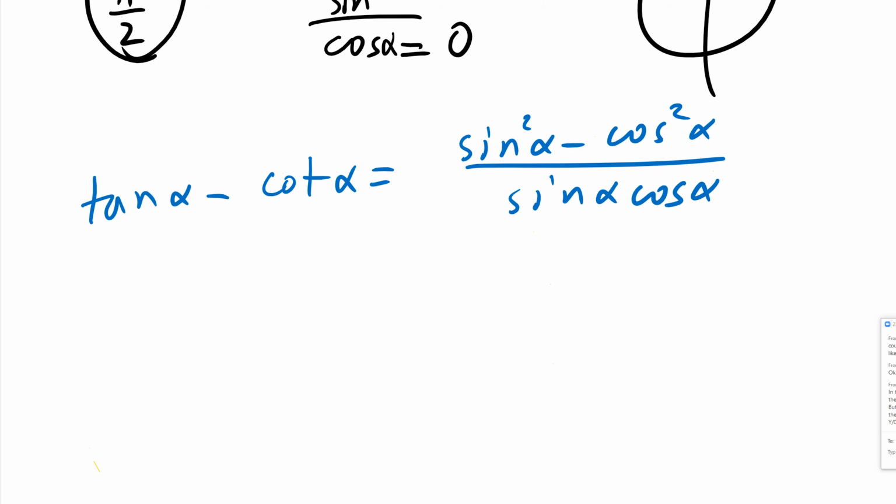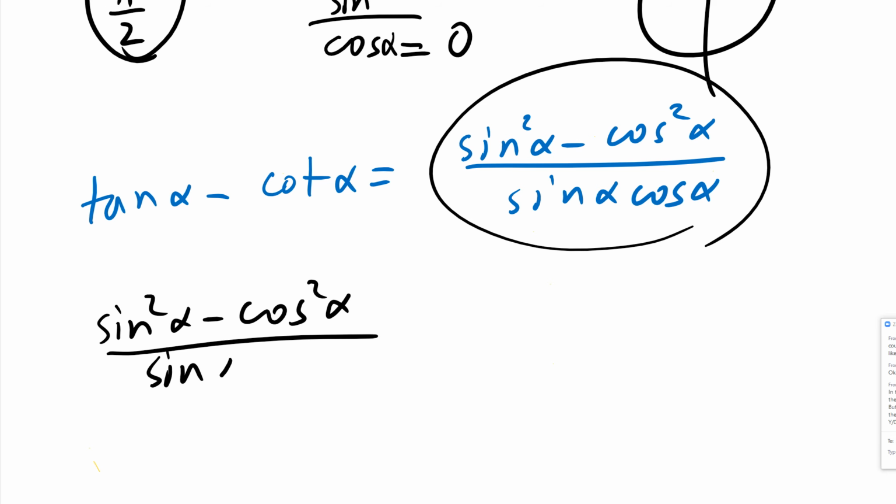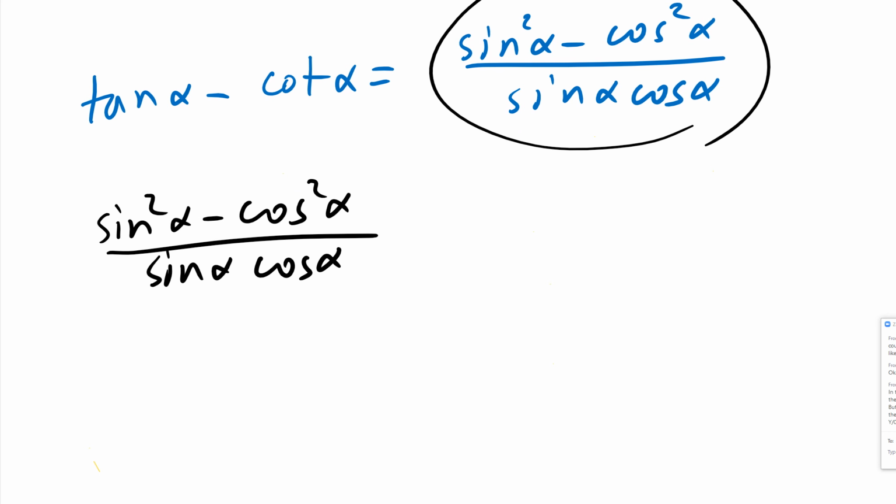If I want to start with this side, let me copy it again. What we can do, we know A minus B over C is A over C minus B over C, like that. That's one of the algebraic properties that can be used here.